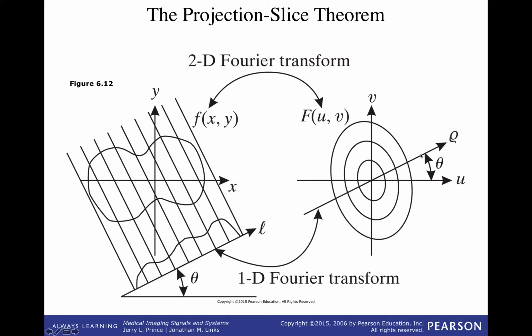And that's called the projection-slice theorem. Really cool, very, very useful in understanding CT images in terms of their artifacts and quality and their relation to your coverage of the spatial frequencies in Fourier space.